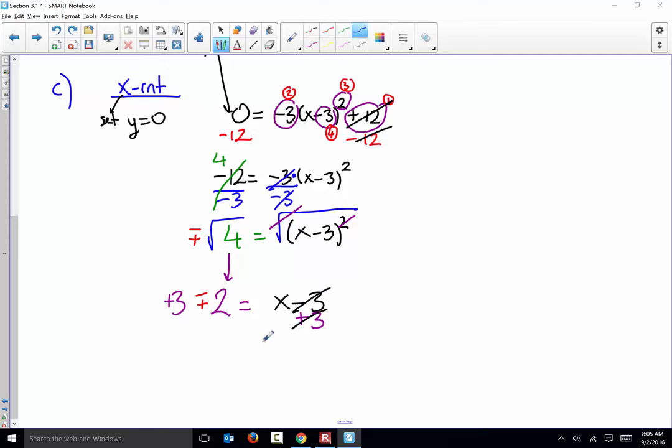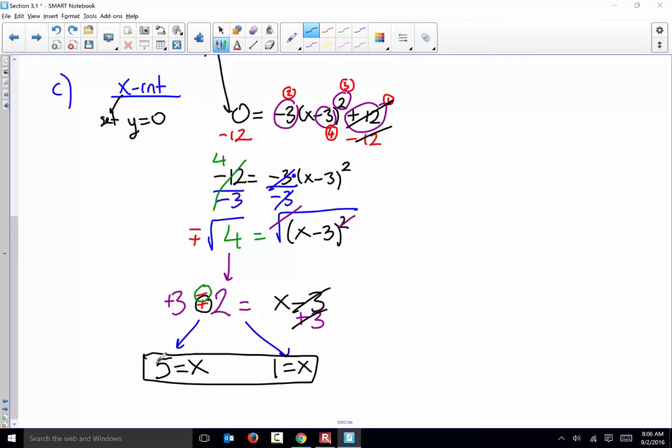Alright, there are 2 cases here. You can have x equals something. First, you take the positive option. 3 plus 2 is 5. Then you take the negative option, the second case. 3 minus 2 is 1. Alright?